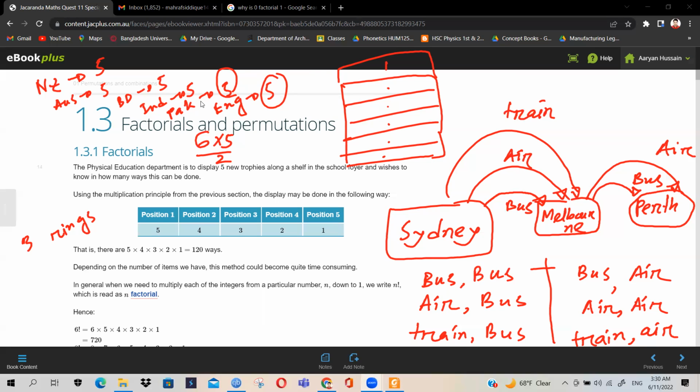No memorizing. But you have to be very careful while reading the question, because understanding the language of the question gets very difficult in permutation and combination. We will discuss it in detail the next day.